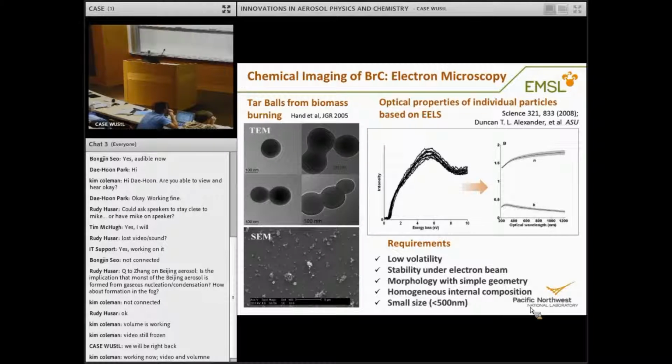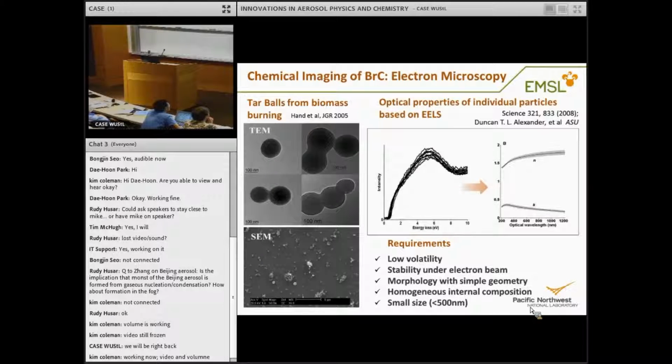So anyhow, the measurement of the optical properties of the brown carbon relies on the bulk techniques and the optical measurement techniques. Rebecca will be talking about it later today, I think, right?